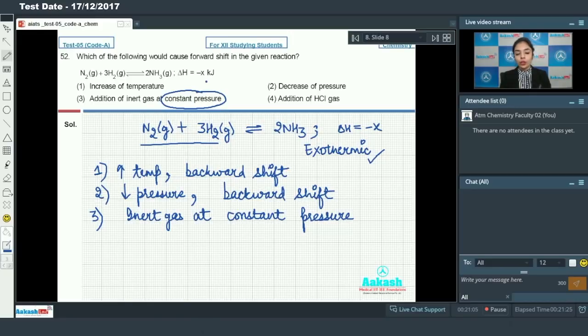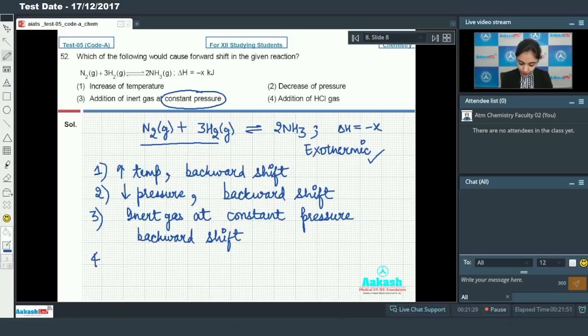Because if it is at constant volume, there is no effect on the equilibrium. If it is at constant pressure, the reaction will move in that direction where the number of moles are highest. The number of moles is highest on the reactant side. So here also the backward shift is observed.